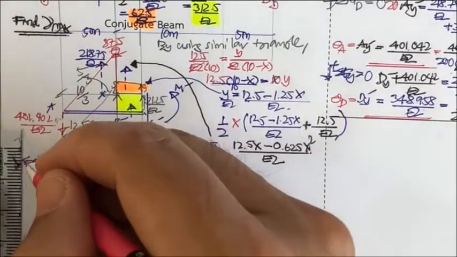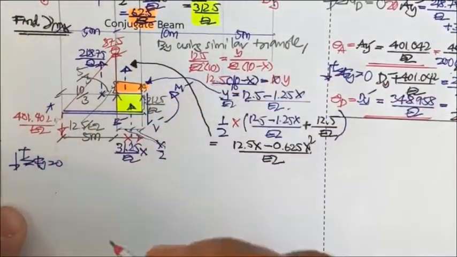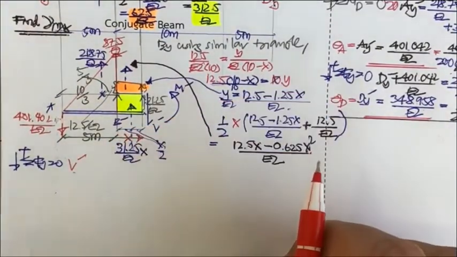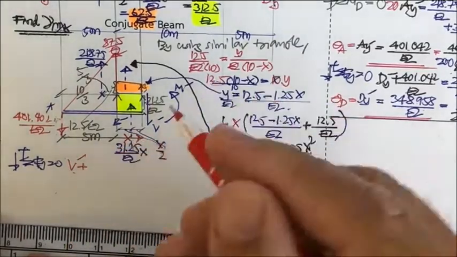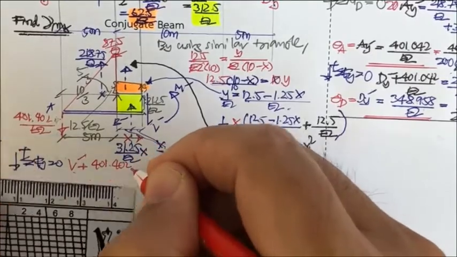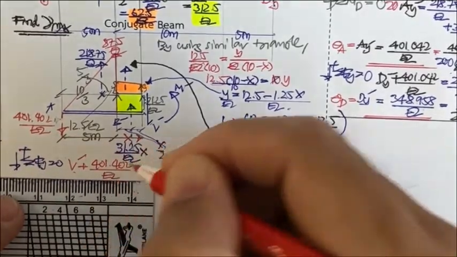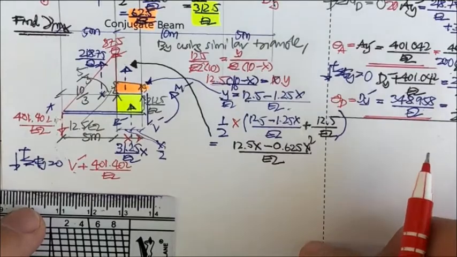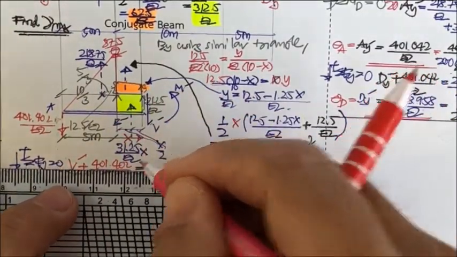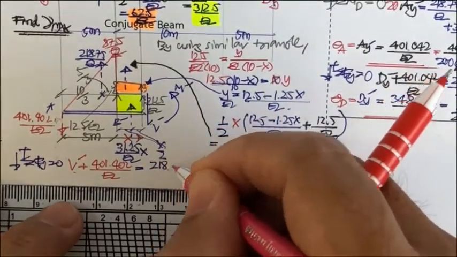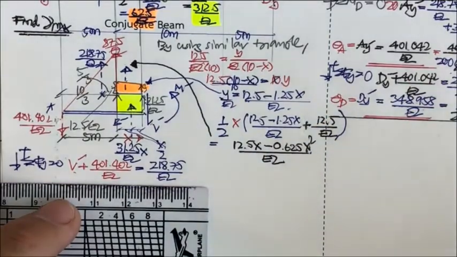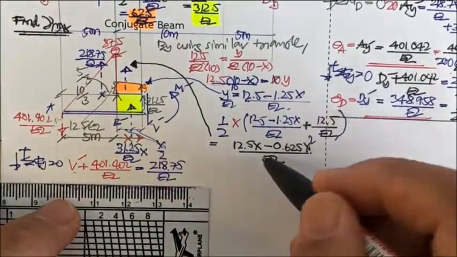So let's see, the downward is positive. Okay, and then we have V prime, downward, plus 401.402 divided by EI, downward, and then it's going to be up, 3 of them, 218.75 divided by EI. And then this is going to be complicated.